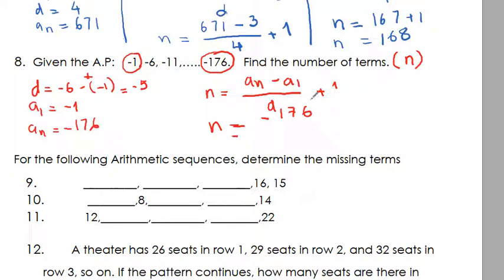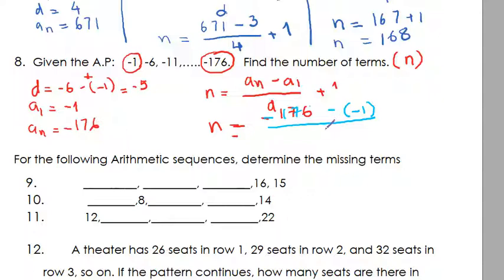Now negative 176 minus a sub 1. a sub 1 is negative 1. Don't forget to use brackets here because of the negative sign.